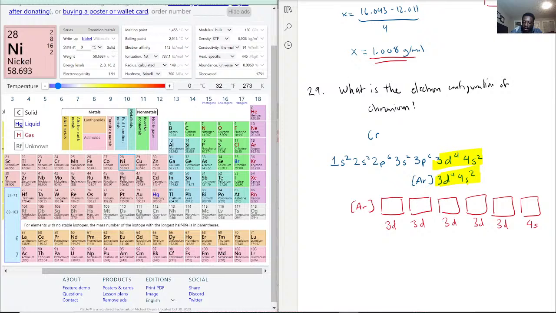Based on this, we currently have 1 up, 1 down, and then we have 4.